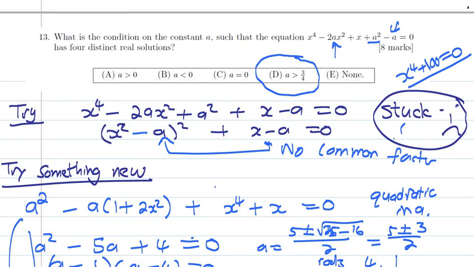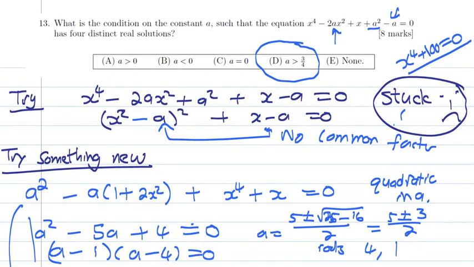So we get to use the quadratic formula, and that allowed us to understand this polynomial a little bit more, which allowed us to solve this problem, and we get that the answer to problem 13 is D.